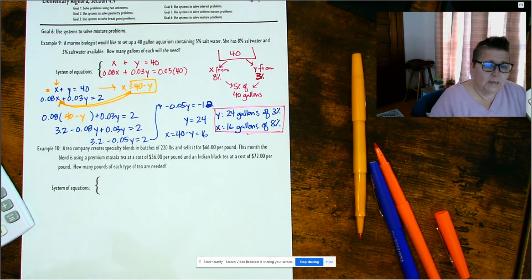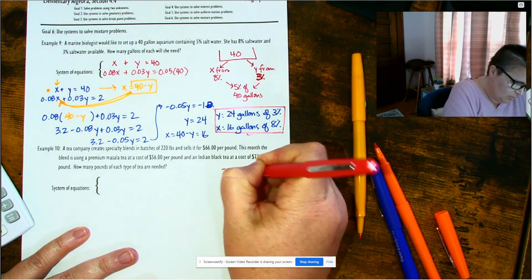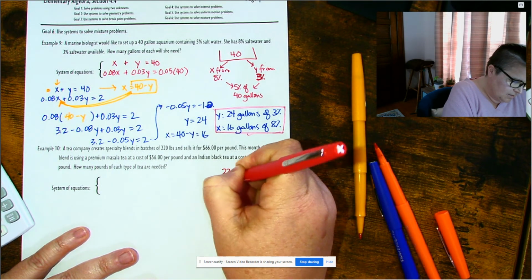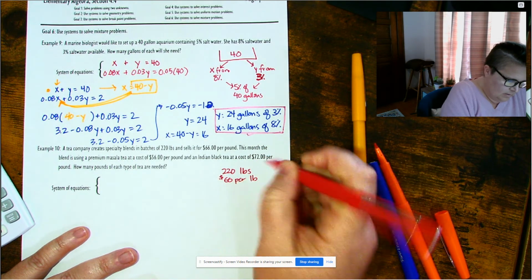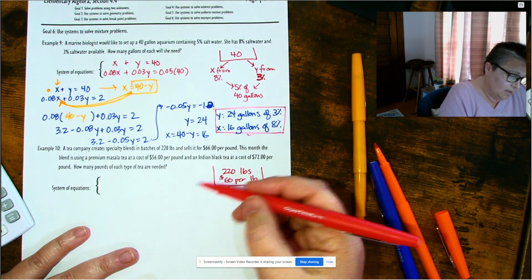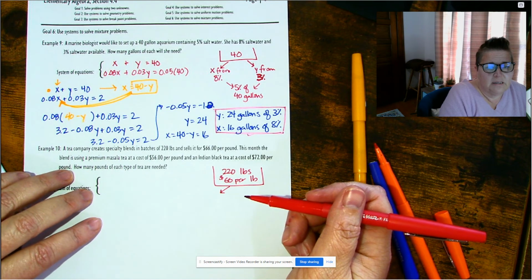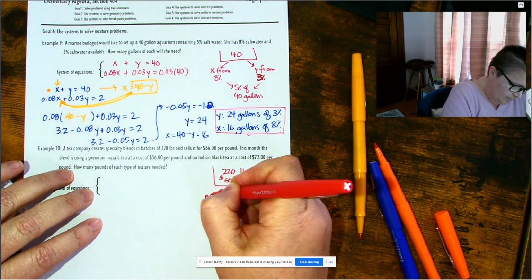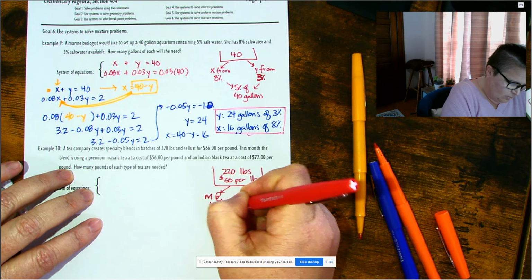All right, so we know that we're going to sell 220 lbs at $66 per pound, and that this mixture is made up of two parts. The first mixture is a masala tea, so I'm going to use an M for masala, and that's at $56 per pound.